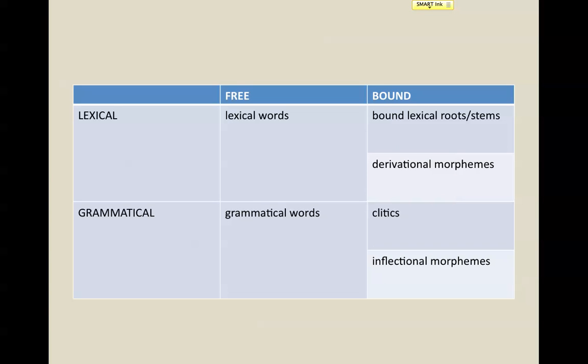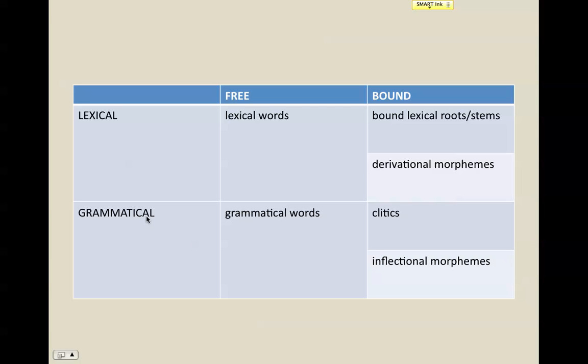Here I provided a chart just to help you visualize a little bit what we're talking about. So I mentioned how we contrast between free and bound morphemes and also lexical and grammatical morphemes. So you could have a lexical free morpheme, a lexical bound root, a lexical free or bound derivational morpheme.